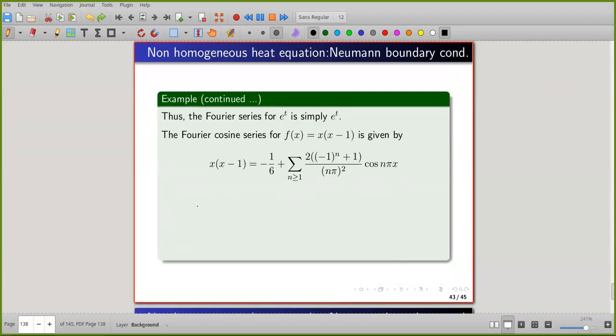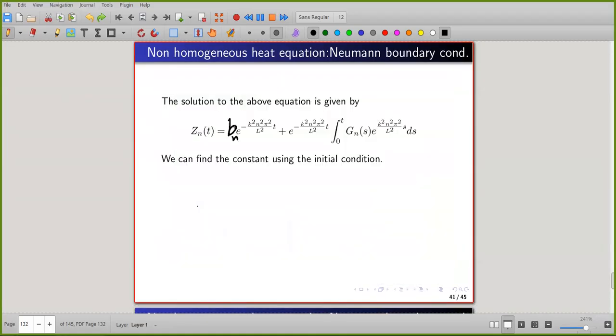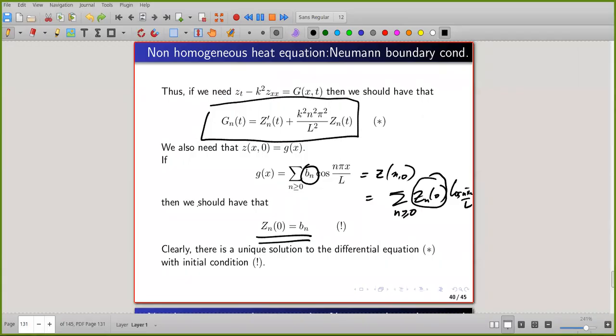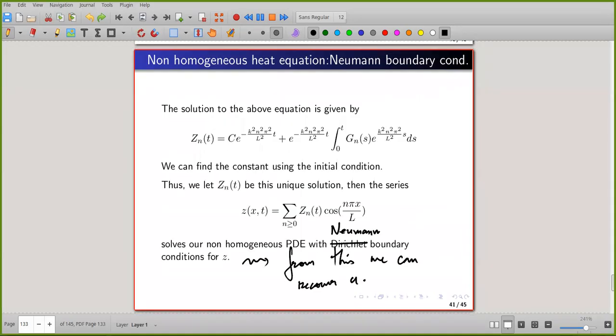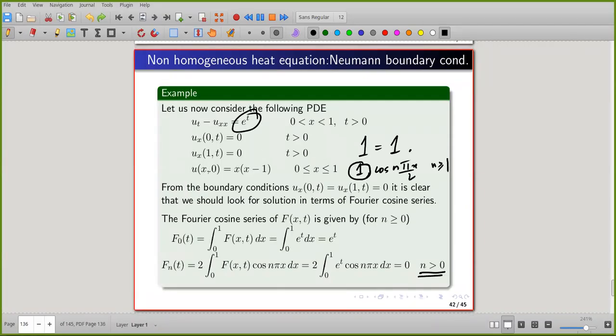We had already seen this. Let me go back. We have that z_n(0) is equal to B_n, where B_n is the Fourier coefficient of g(x). g(x) in our case is x into x minus 1.